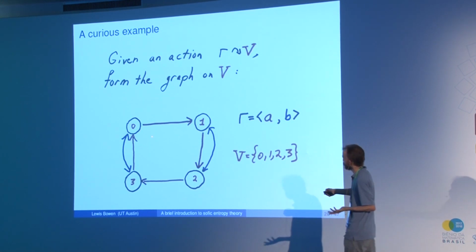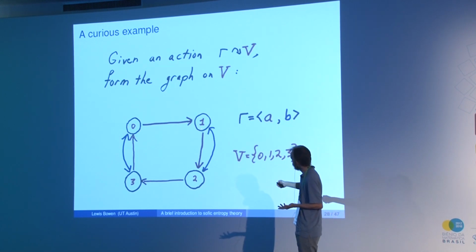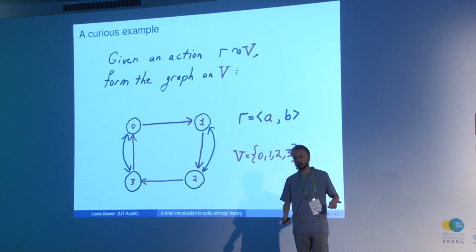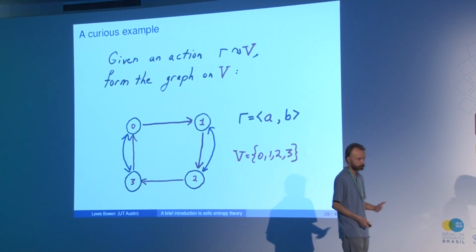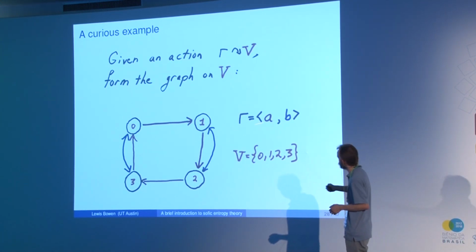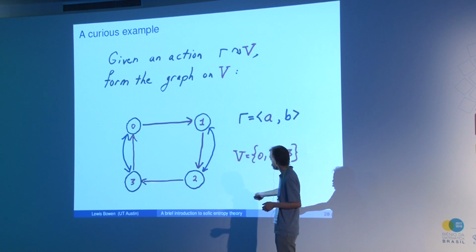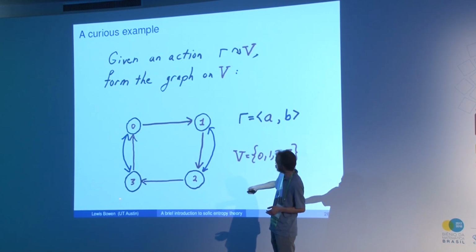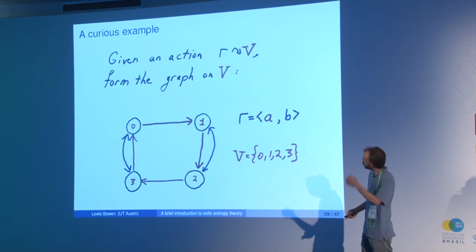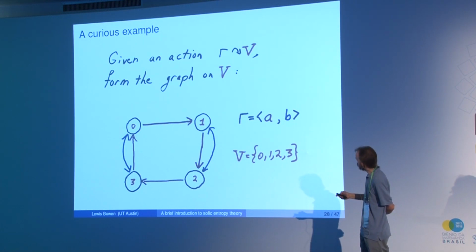If my finite set is 0, 1, 2, 3, then I put an arrow whenever a red generator takes one element to another. Then I put an arrow connecting them. Okay, so for example, in this example, the red generator just is addition mod 4, and the blue generator swaps 0 and 3 and swaps 1 and 2.